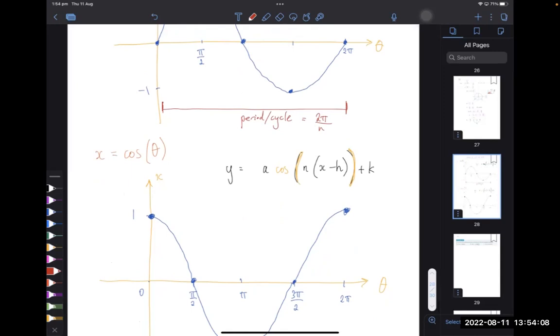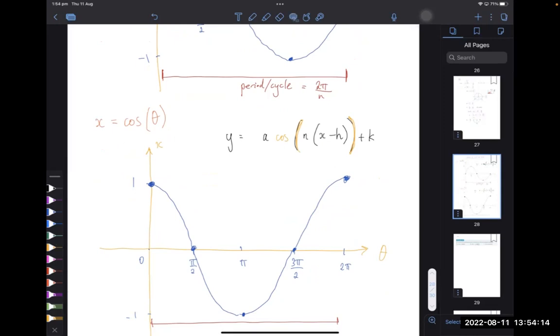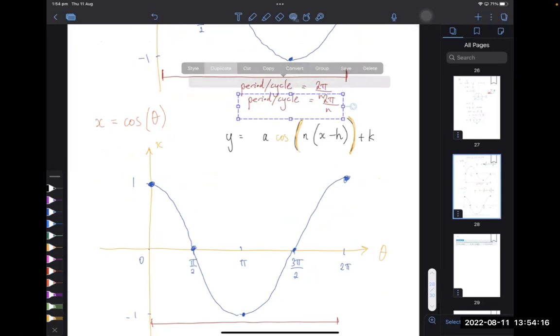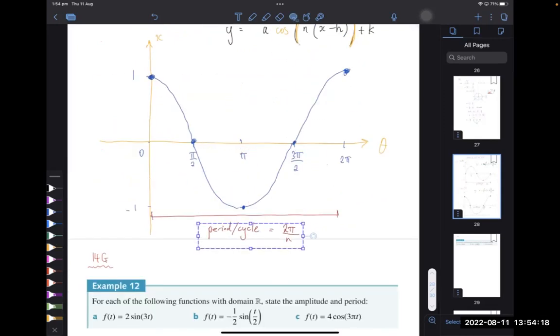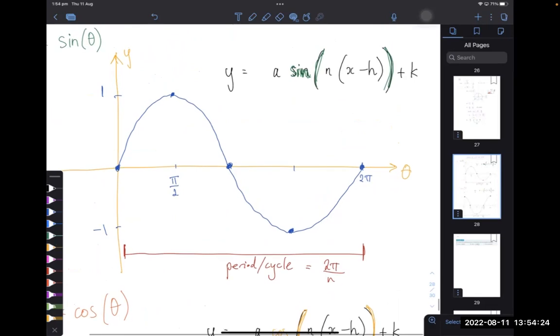Now you might wonder, where did this 2 pi on n come from? Good. Essentially, it's our dilation from the y-axis. We know that the standard period is 2 pi, right? When we dilate, this is a dilation from the y-axis by how much?